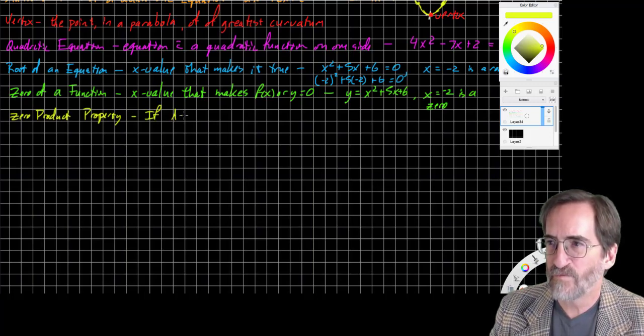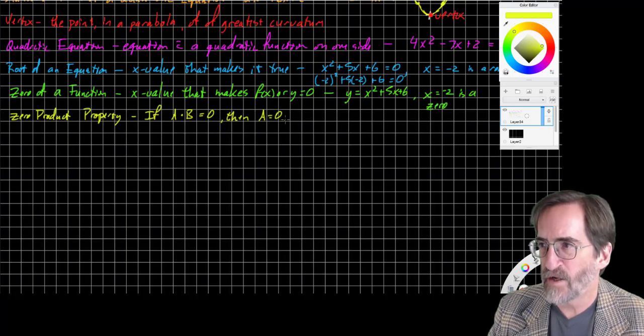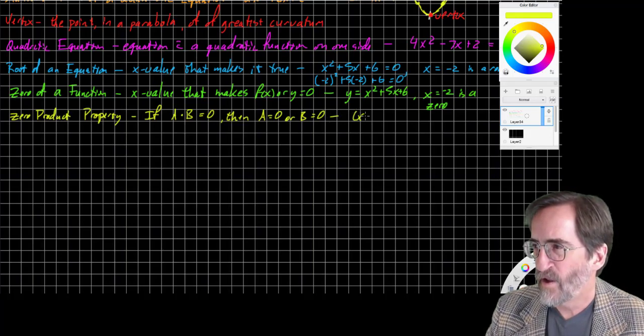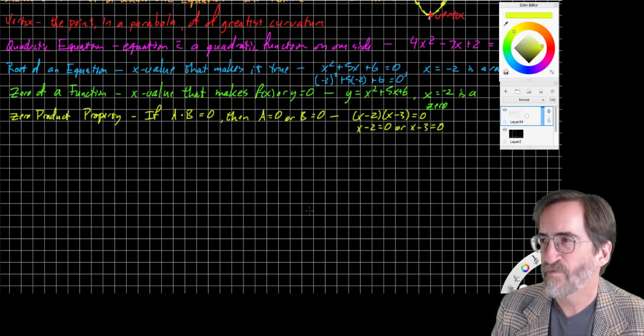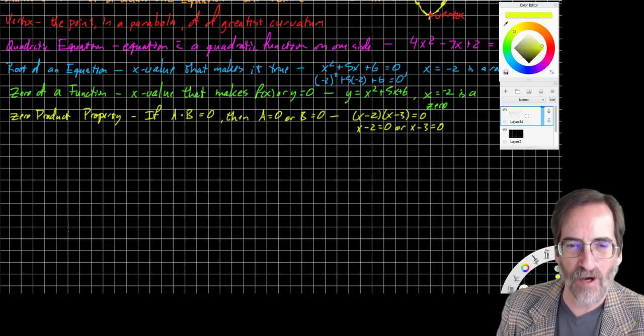If two numbers like a and b multiply and the answer is 0, then the only way that can happen is for a to be 0 or b to be 0. Example, x minus 2, x minus 3 equals 0. Then x minus 2 equals 0 or x minus 3 equals 0. One of them must be 0 in order for that product to be 0.